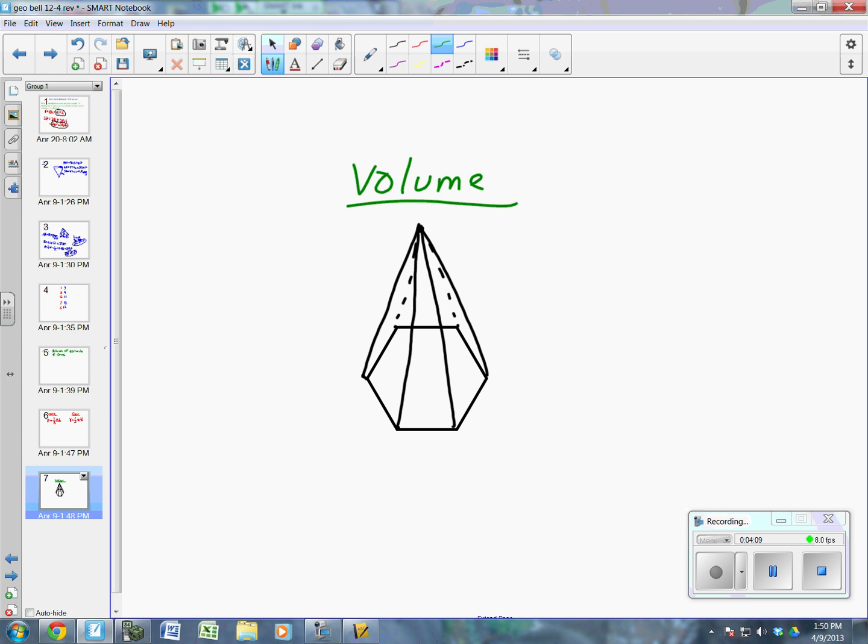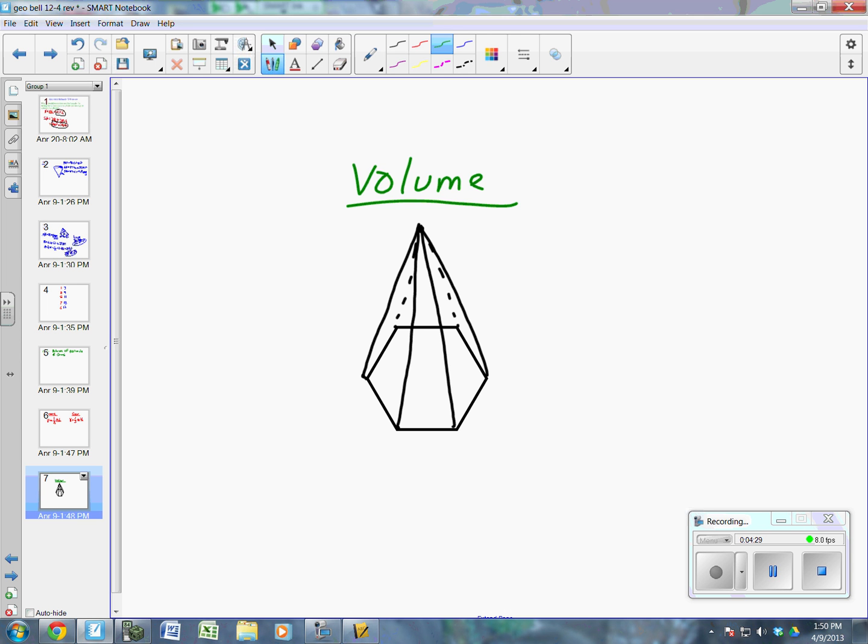That's not what we're doing. We already wrote the pyramid formula last time. I want the area of the base formula, which is, Jessica just said it, the area of a regular polygon. It's right here on your paper.